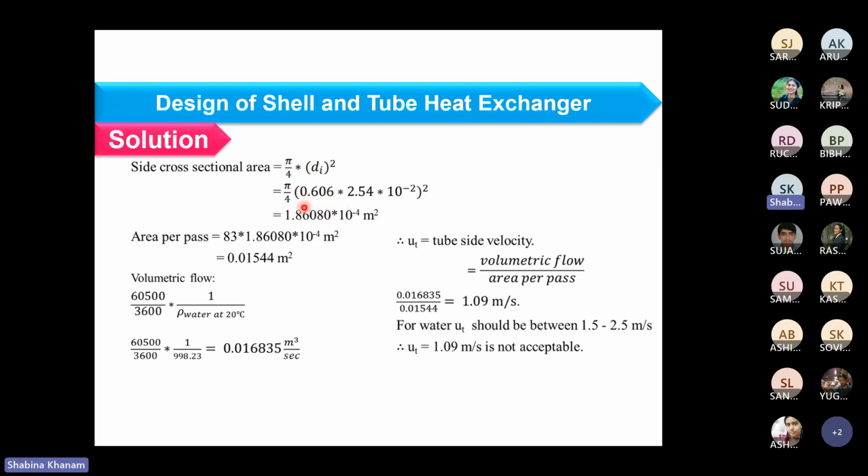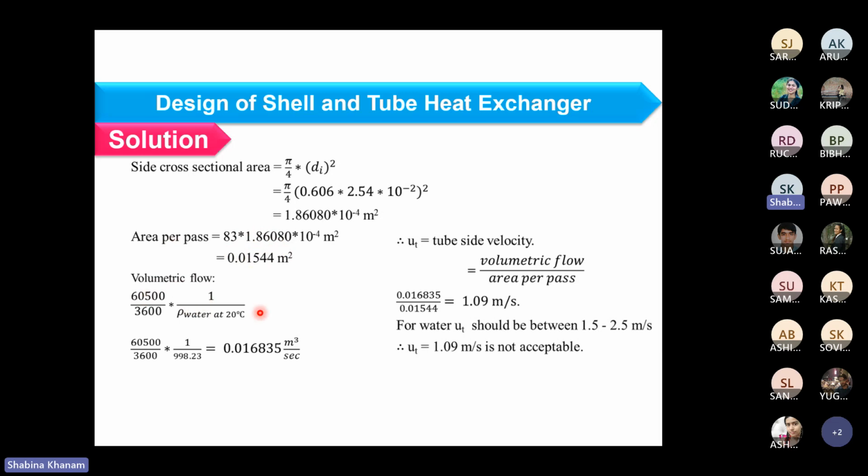If you consider the 15 BWG value we have chosen, the inside ID of the tube is 0.606 inches, so we need to convert that into meter, and you can see the value obtained in meter square. And the area per pass: 166 tubes we have calculated, so the number of tubes per pass is 83 right now. So this is the area per pass.